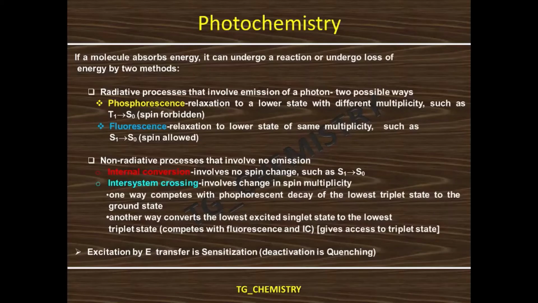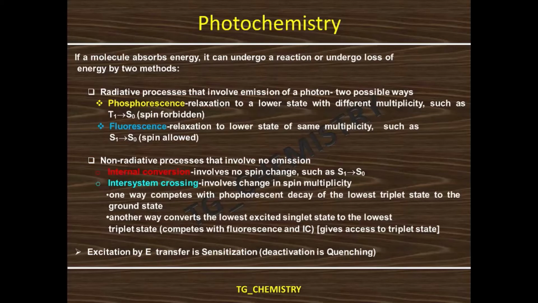Maybe a quick recap of whatever I said in the last few minutes: if a molecule absorbs energy, it can undergo a reaction or it can undergo the loss of energy by two methods. First one is the radiative process, which involves the emission of a photon, which is again possible in two ways.